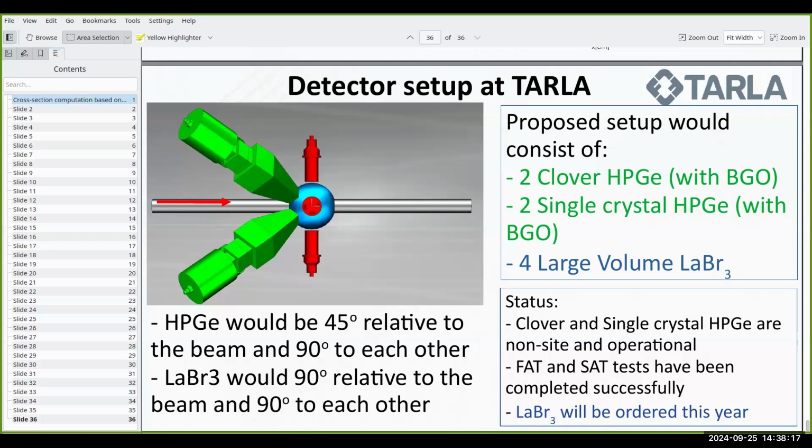For that purpose, we will use lanthanum bromide detectors, placed at 90 degrees with respect to the beam and 90 degrees with respect to each other, because they can handle as much as 1 million interactions per second. So this gives you the high count rate, as well as the very high resolution coming from the germanium detectors.